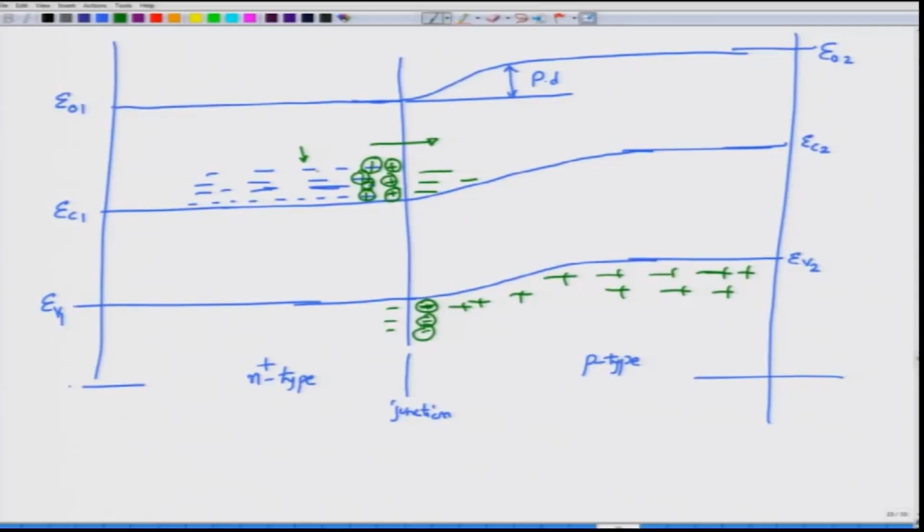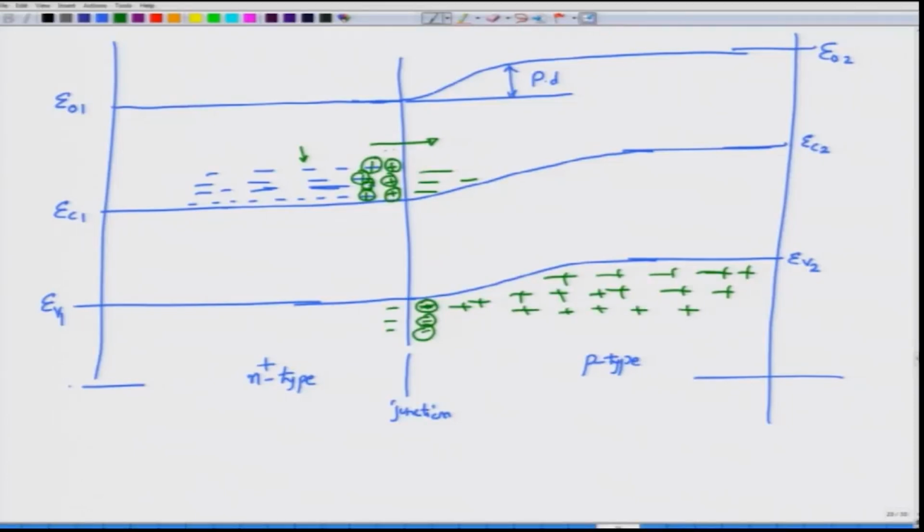The reason why the electrons, once they diffuse initially, cannot diffuse anymore is simply that the electric field that is set up opposes the motion of these electrons from n type to p type, and similarly the holes are also opposed by the electric field.